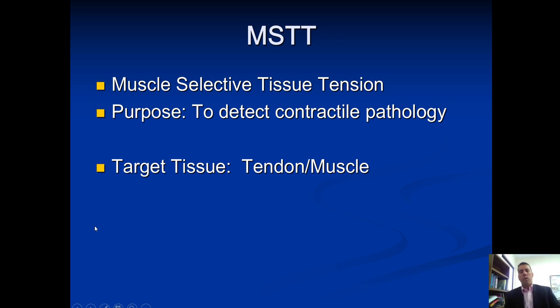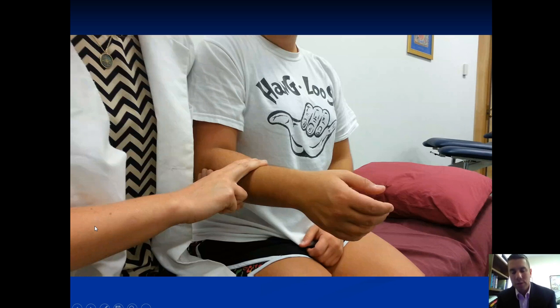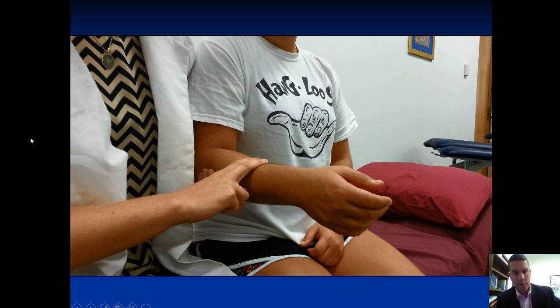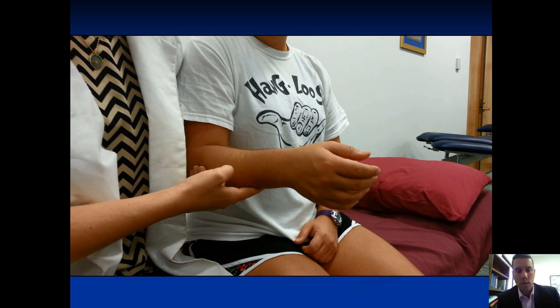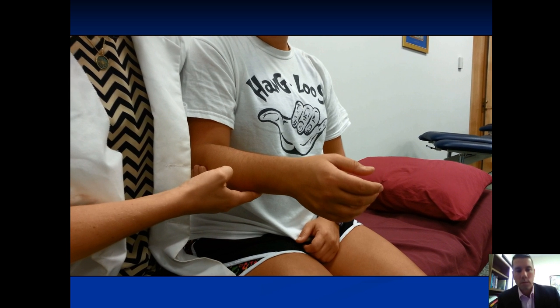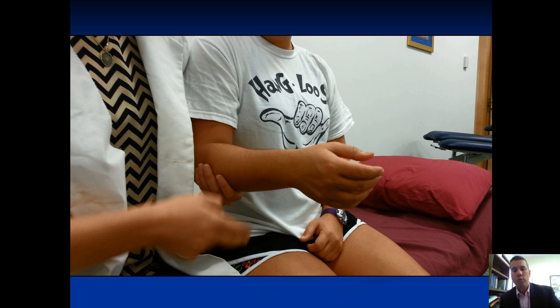MSTT stands for muscle selective tissue tension. This is step number 8, and the reason you do this one is to try to pick up a muscle or tendon problem. Contractile tissue problem, right? So you isometrically resist the person doing a movement.